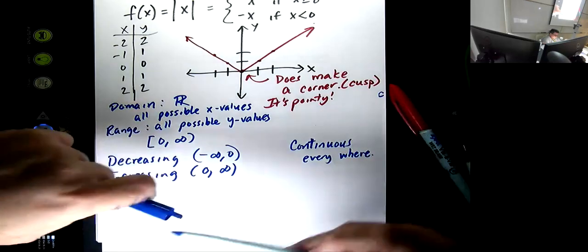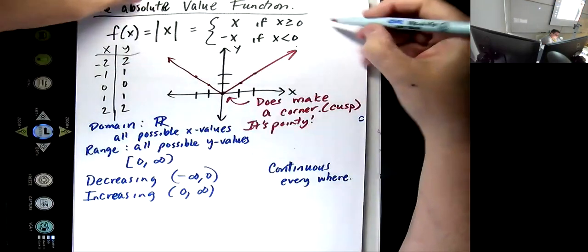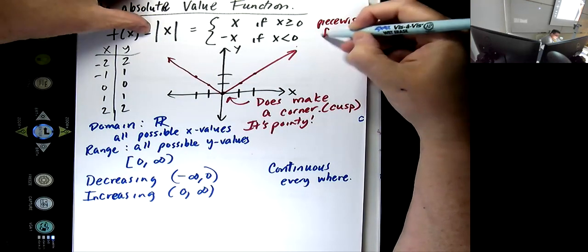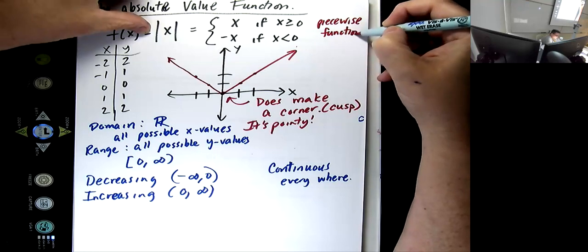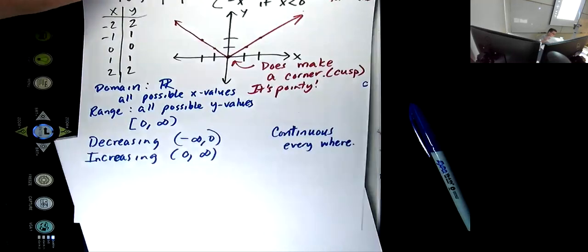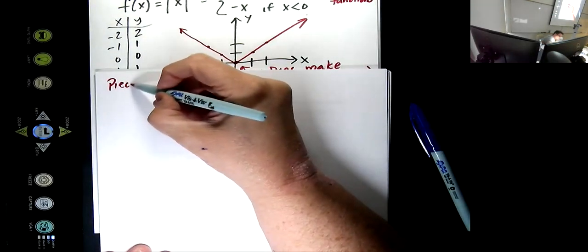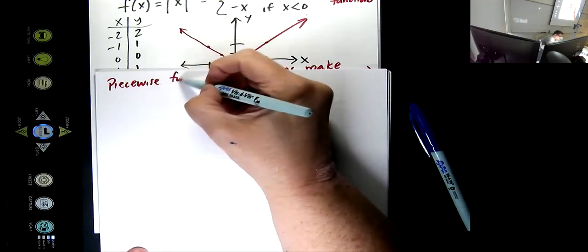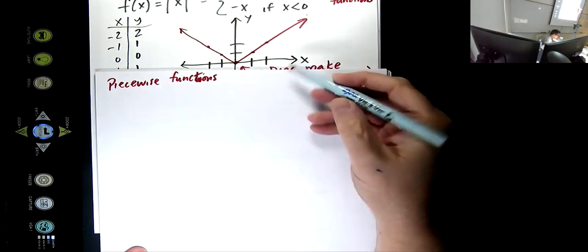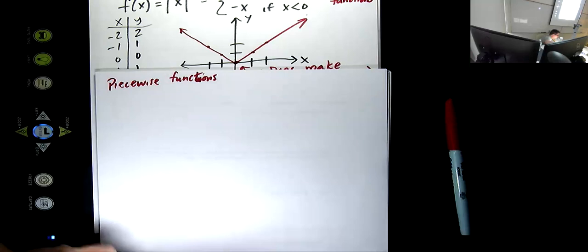All right, so this is an example of a piecewise function. Piecewise functions have more than one part. Absolute value is just an example. So piecewise functions can be anything. Let's take a look at graphing one real quick.